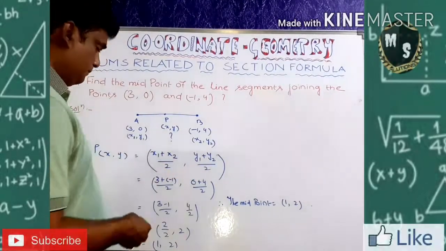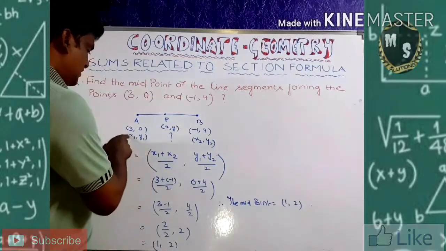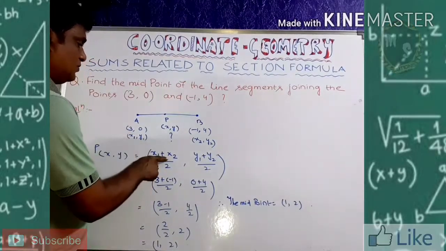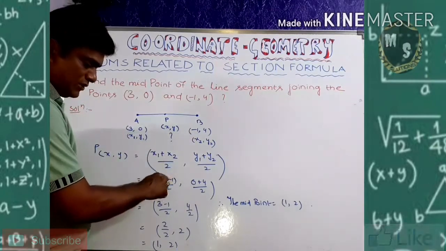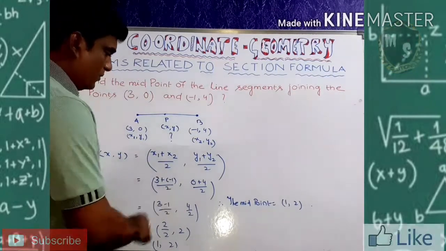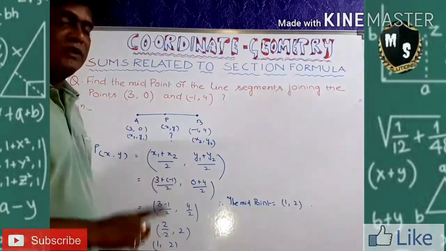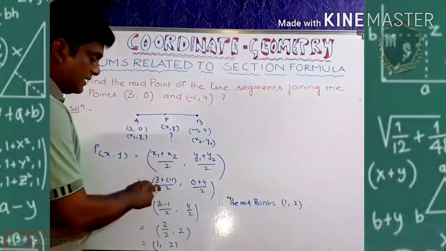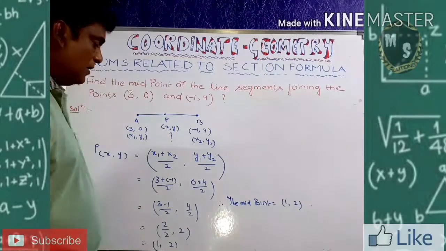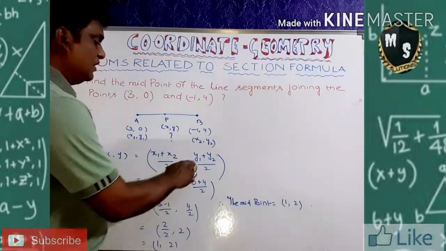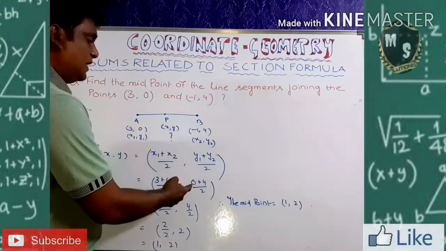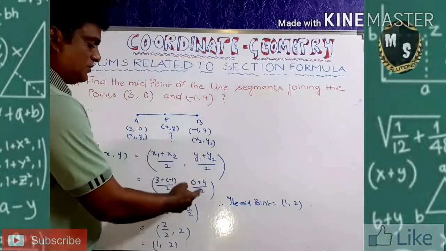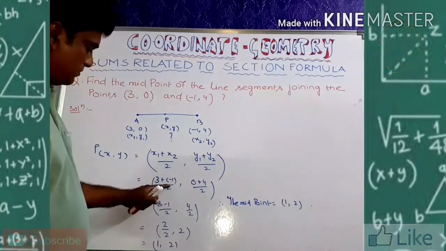Here x1 is 3, and x2 is minus 1. We have to write it like this, plus (minus 1) in brackets, then by 2. Many students write minus 1 directly. Don't do it; if it is a minus sign, you will be in trouble. So put it in brackets. Then y1 is 0 and y2 is 4, so 0 plus 4 by 2. Now it is 3 plus (minus 1).